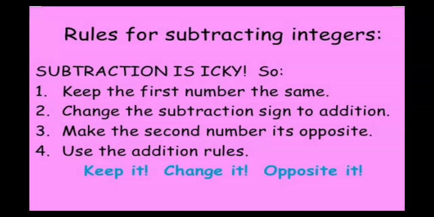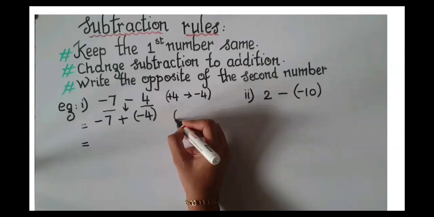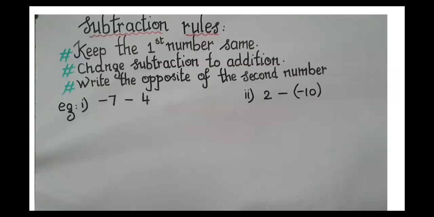How do you remember the first 3 steps of the subtraction rules? Just by this small sentence: keep it, change it, opposite it. Let's see how you can apply it in the sums.